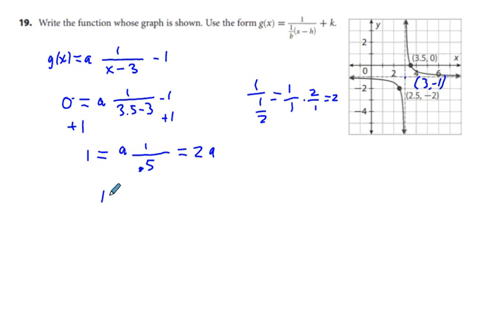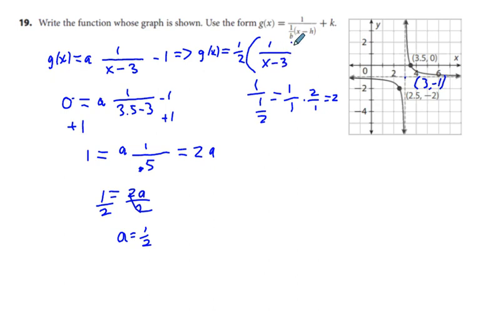So if we take 1 equals 2a, a is equal to 1/2. So g of x equals 1/2, which is what a is, times quantity 1 over x minus 3, minus 1. So that's going to be our answer here.